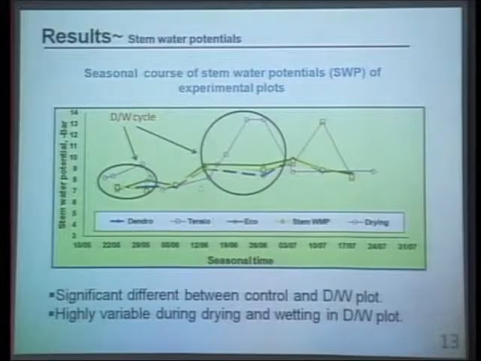Similarly, in the second drying, we found up to nearly 13.4 bar of stem water potential at the peak of drying, and it started to decline with re-irrigation. So a significant difference between the control and drying and wetting plots was observed, and high variability during drying and wetting was observed in the drying and wetting plot.